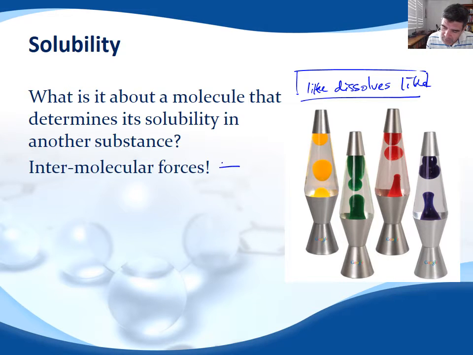The key, of course, is the intermolecular forces. Now, there are three types of these: hydrogen bonds, dipole-dipole, and also dispersion forces. And these are the ones that we want to have a look at in a little bit of detail in order for us to understand them better.